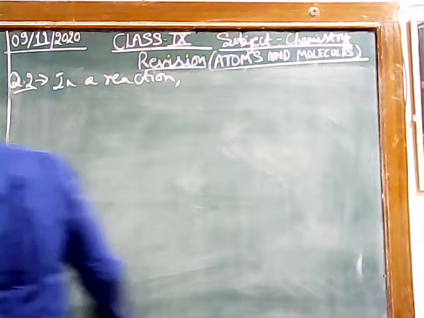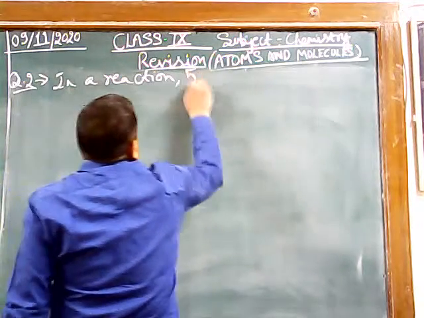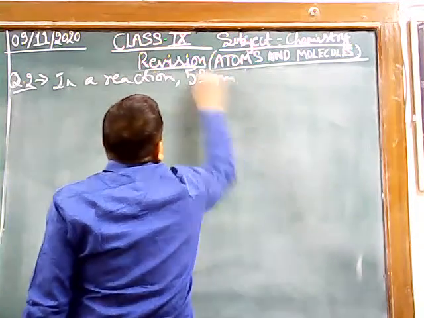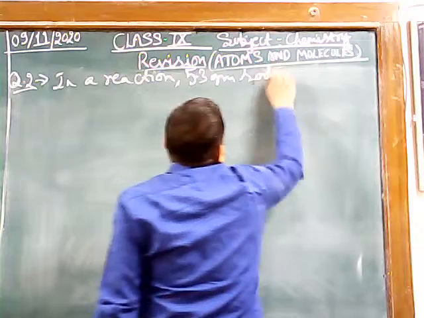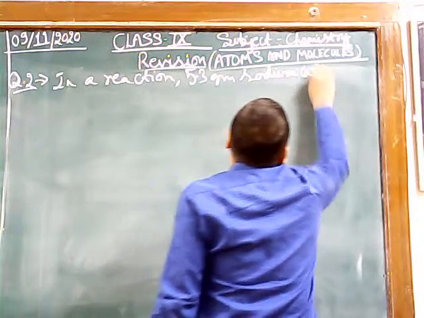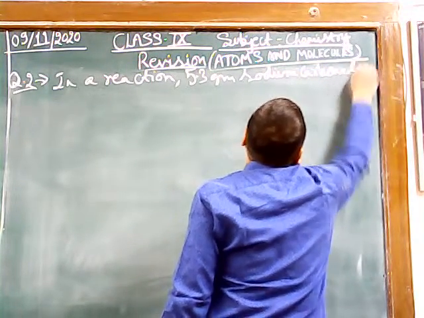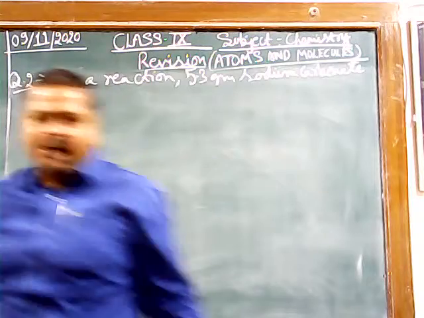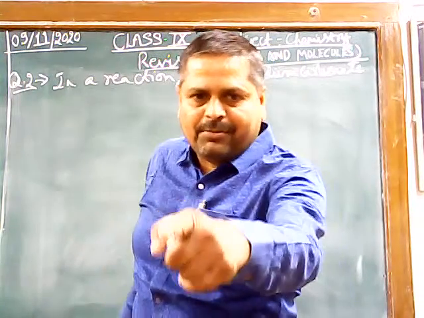5.3 grams of sodium carbonate reacted with 6 grams of ethanoic acid. You should know the formula of these compounds. Write down the formula for sodium carbonate here. Please tell me.